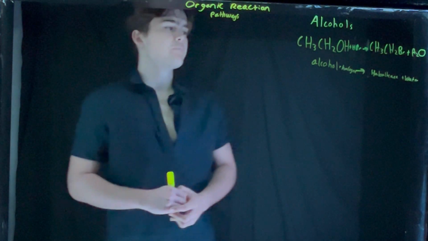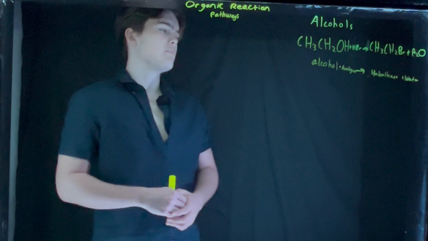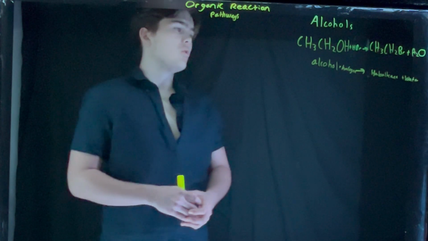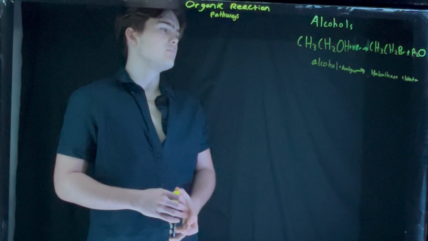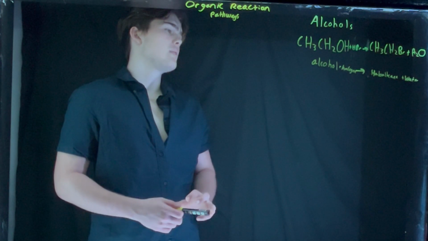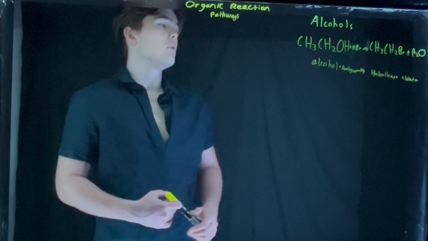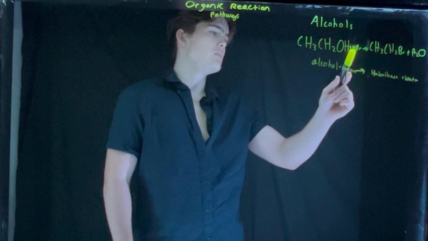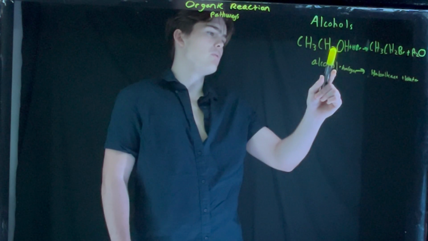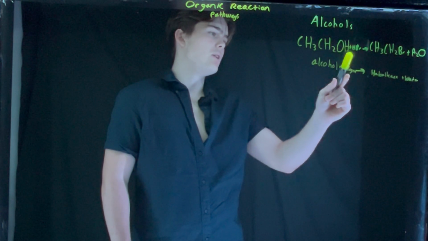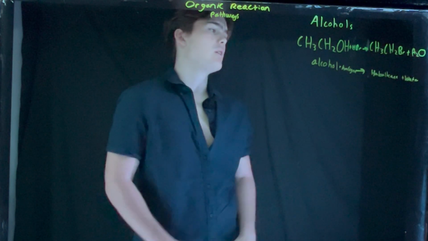Okay. So in your exam, if you're told that an alcohol reacts with a halogen, it's actually a substitution reaction too, because we have the halogen coming onto the alcohol and the hydrogen here producing water on this side.